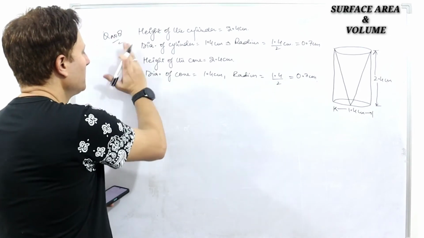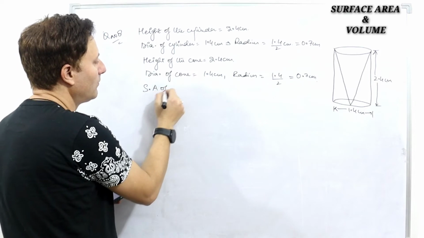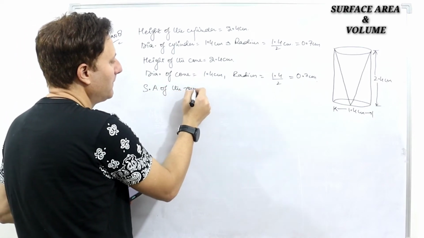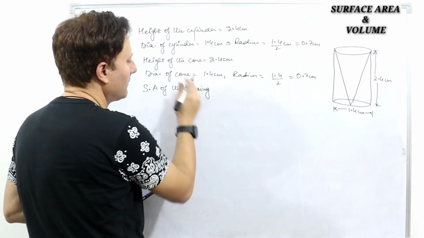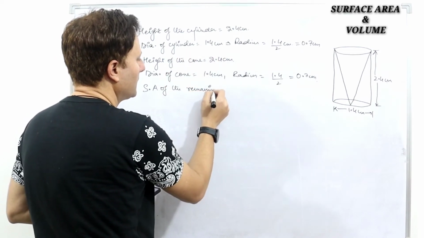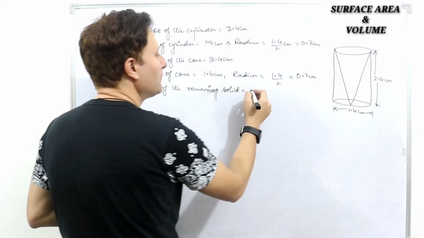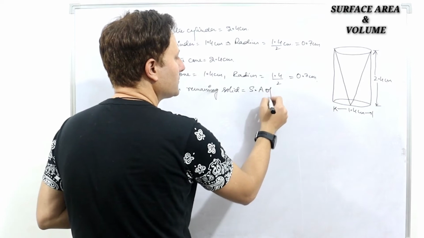Now, what are we talking about? We are talking about the surface area of the remaining solid. So what are we doing here? First of all, we will take the surface area of the cylinder.